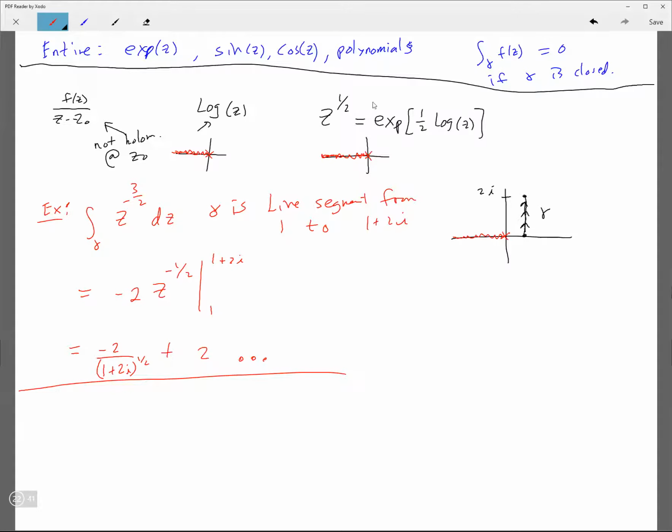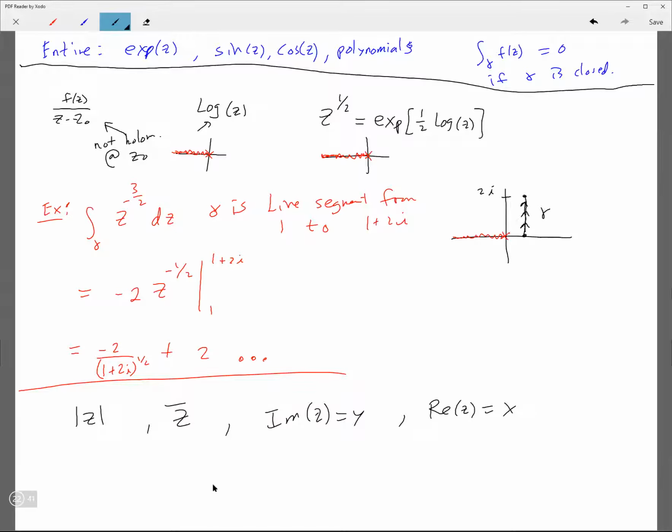Okay, so that's another thing you have to worry about. And then lower down on the totem pole, you have things like the modulus of z, the conjugate of z, the imaginary part of z, which is y, and the real part of z, which is your x.